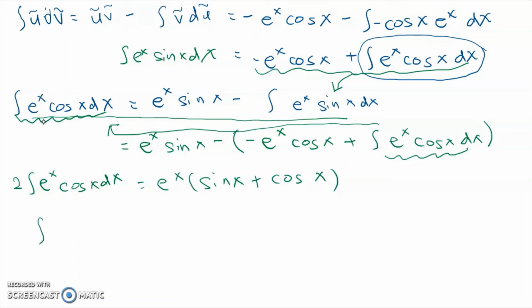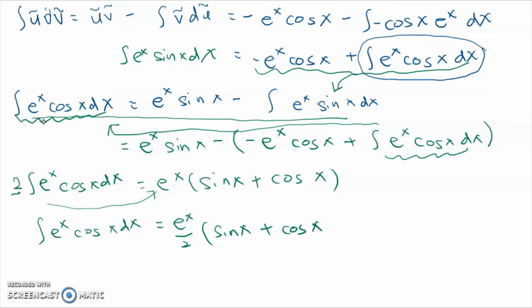So the integral of e to the x cos x dx is equal to, I just move the 2 back to the right hand side, e to the x over 2 times sin x plus cos x.